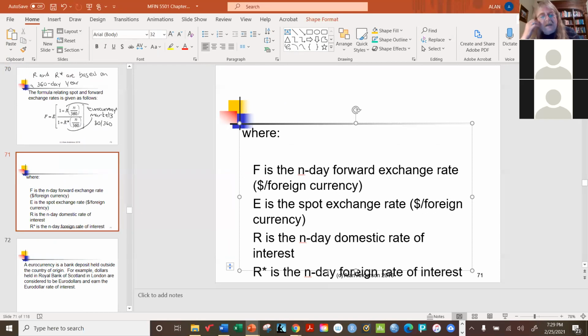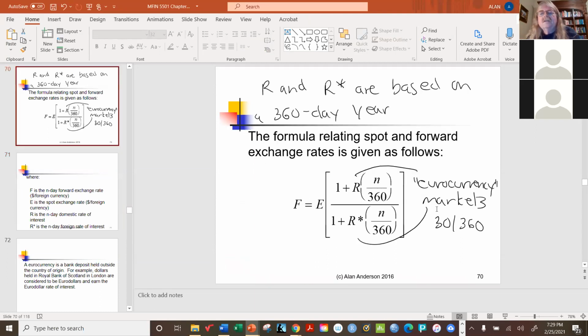Our star, if we're looking at the pound, would be euro sterling. All right, so that's how this formula is set up. The euro currency markets have what's called a day count convention of 360. And so that's why the formula is set up this way.